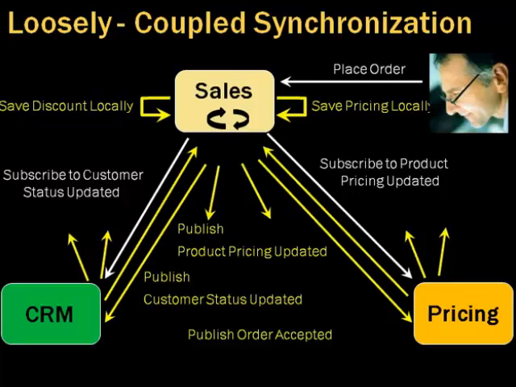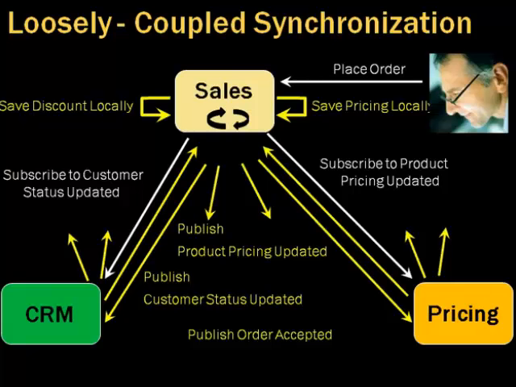Now, from the CRM system's perspective, they don't deal with discounts, they deal with a customer status. Are you a silver customer? Are you a gold customer? Are you a platinum customer? With all that entails. But they deal with the status. That's what they manage. The guys from sales are interested in which customer is which status, because that'll tell us what kind of discount we have to give that customer.